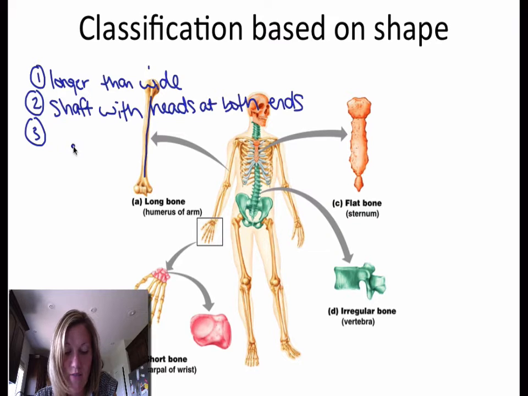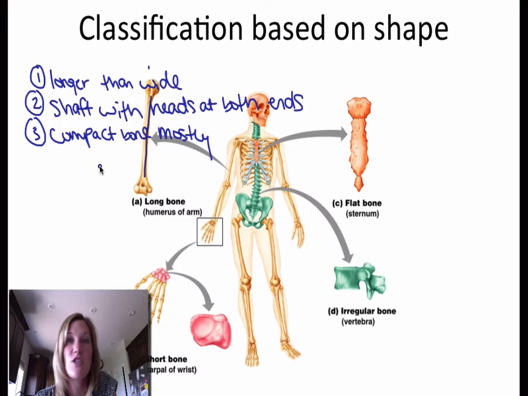In addition, they're going to contain mostly compact bone. Okay, so that doesn't mean it's only compact bone. It's just mostly compact bone. Okay, and then some examples, the humerus, the femur would be another example, the tibia, the fibula, all of those are going to be long bones.